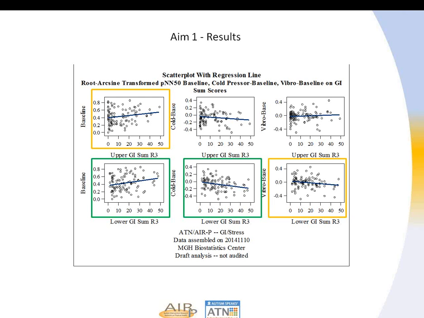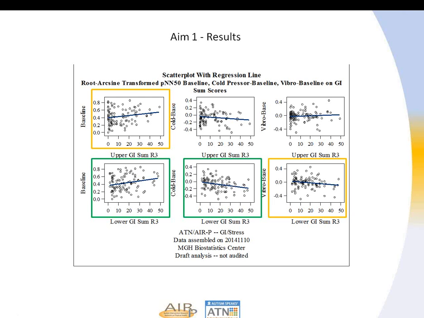There was also a significant relationship in the middle bottom item there, the cold pressor. The cold pressor minus the baseline, so the difference between cold pressor and baseline, what effect cold pressure had on heart rate variability, was also significant for the lower GI, and we had a trend for the same thing for vibrotactile stimuli.